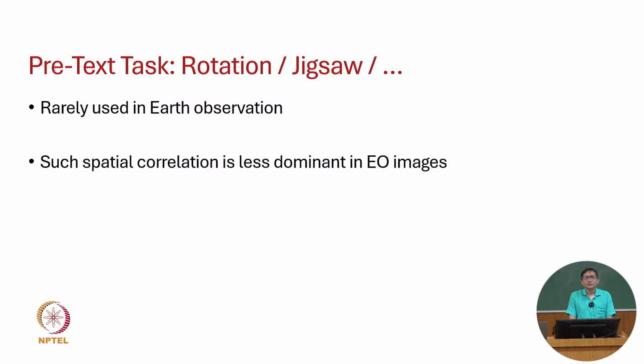Same for Jigsaw. Jigsaw, again, depends on the spatial resolution. If the image has high spatial resolution, that is something like 10 centimeter, 50 centimeter per pixel, in that case, Jigsaw would be comparatively more effective compared to the case of 30 meter or 100 meter per pixel. So in summary, this depends on the spatial correlation.